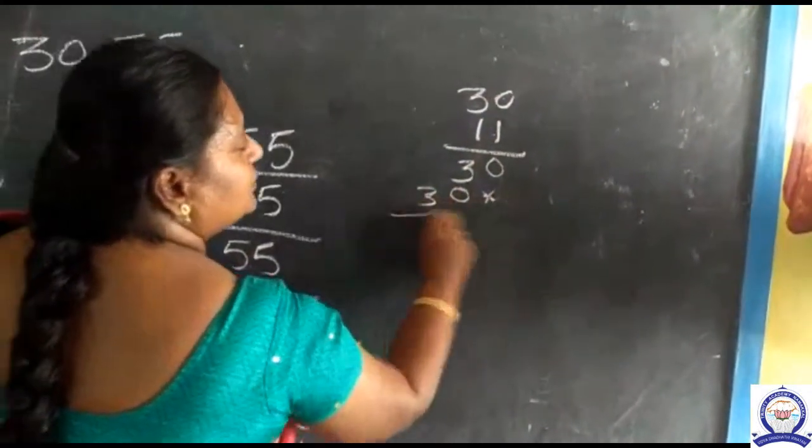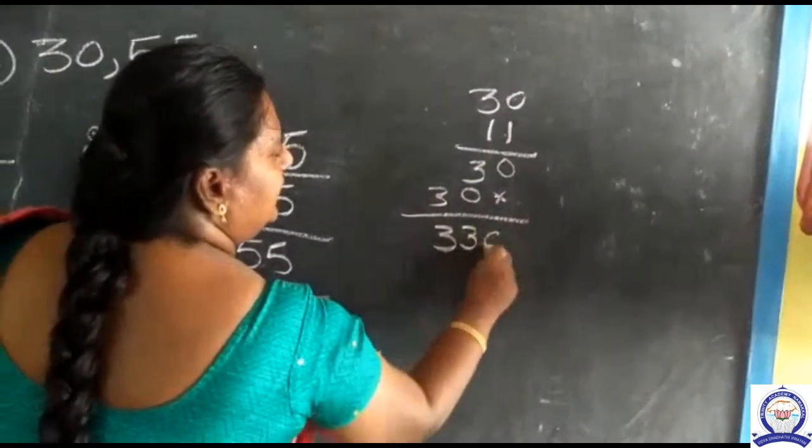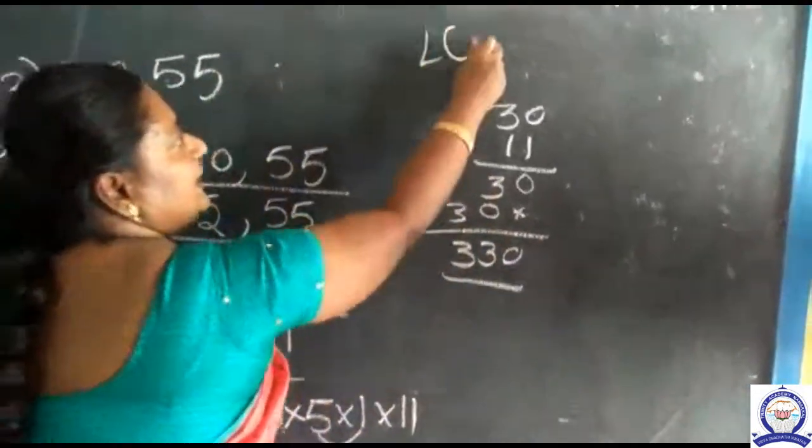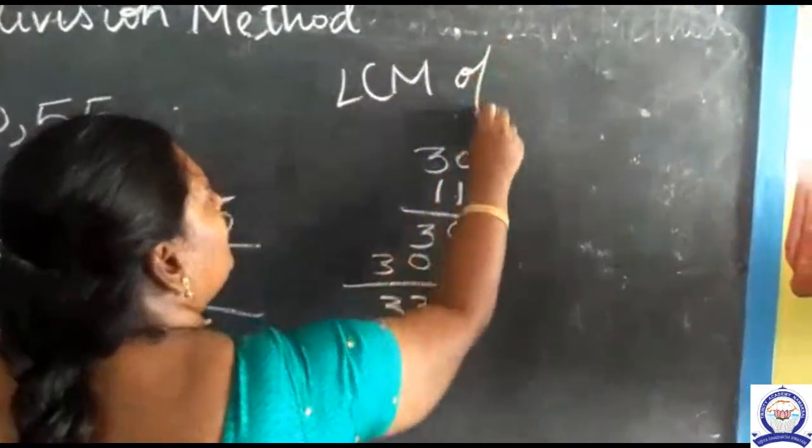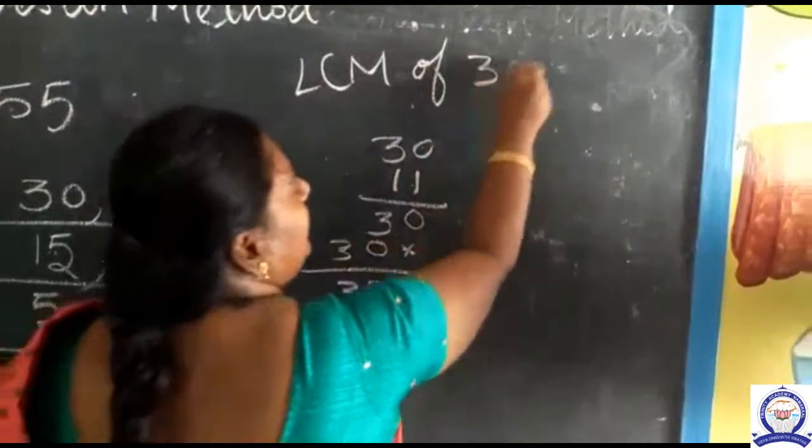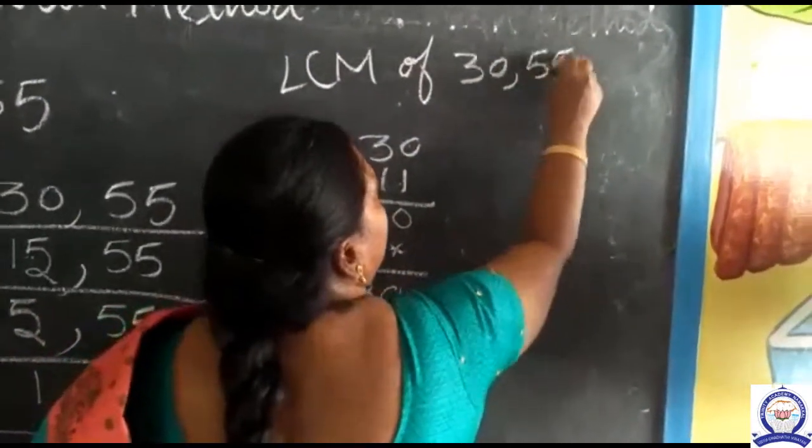So 330. Therefore LCM of 30 comma 55 is 330.